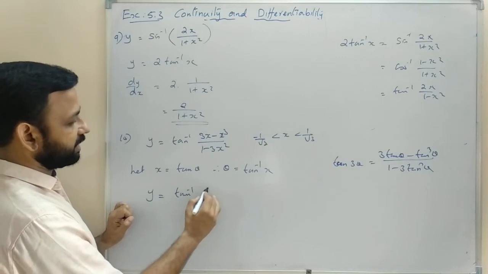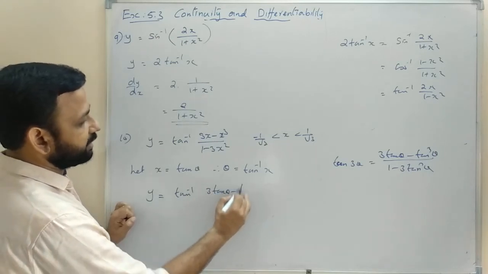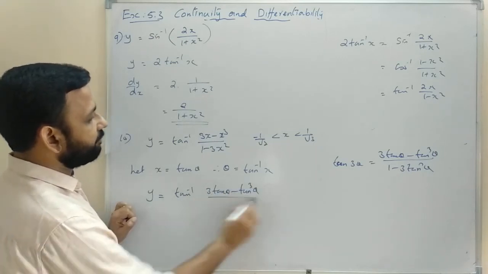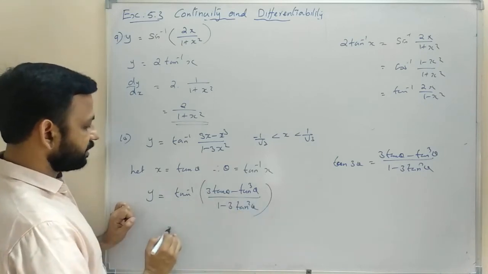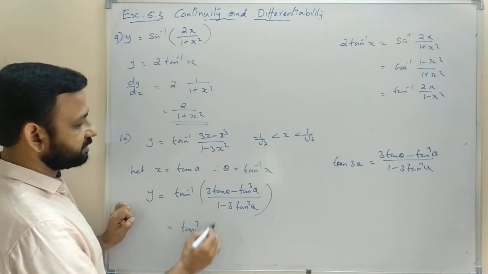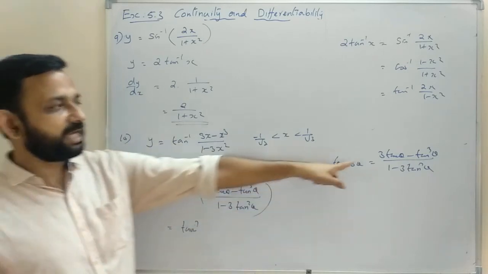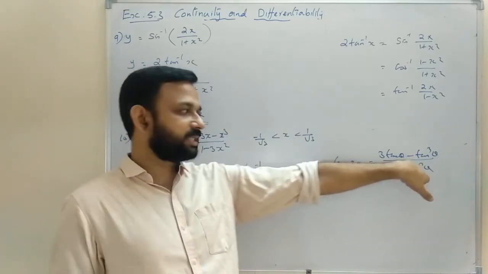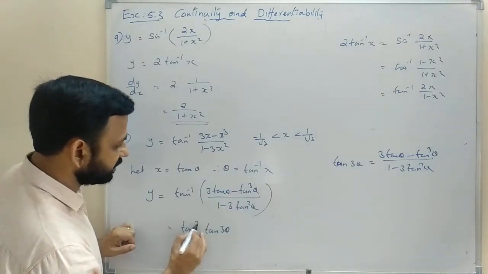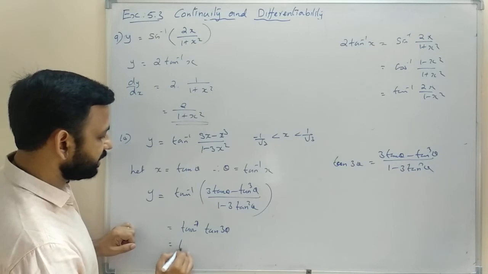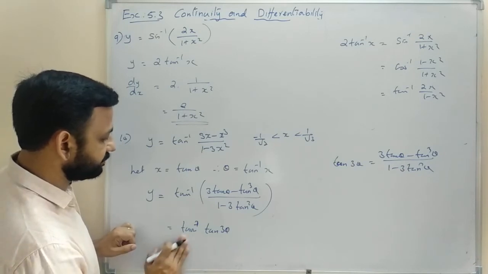Therefore y is equal to tan inverse. We can replace x by tan theta, 3 tan theta minus tan cube theta divided by 1 minus 3 tan square theta. That is equal to tan inverse of tan 3 theta.